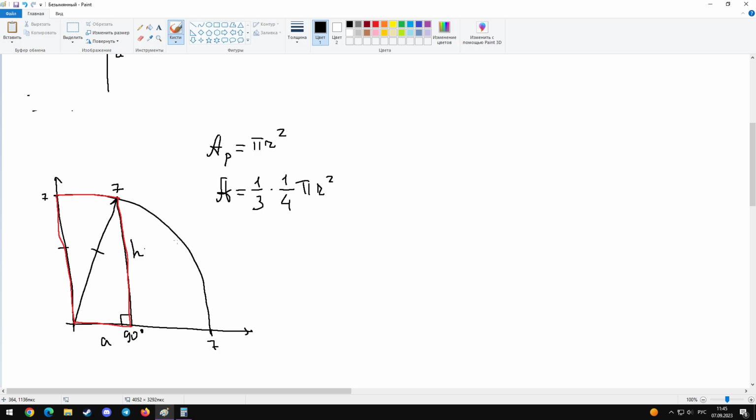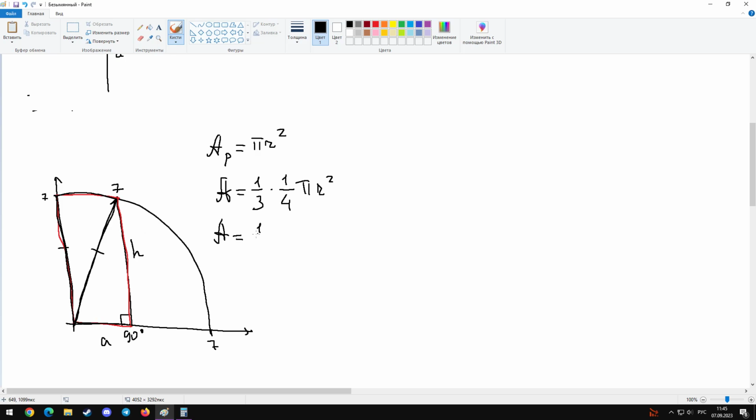From another point of view, the area of this red part is the area of this sector here plus the area of this triangle.